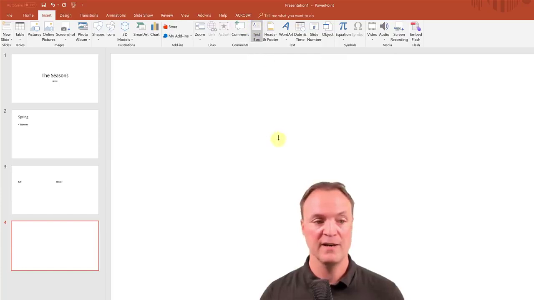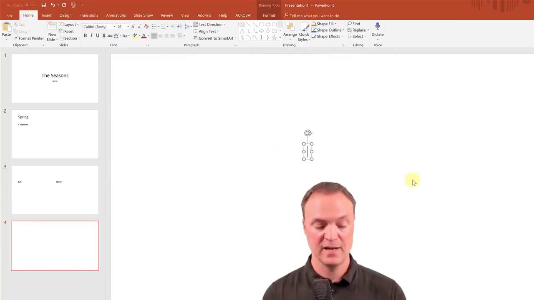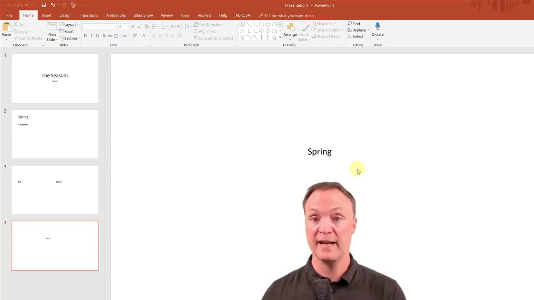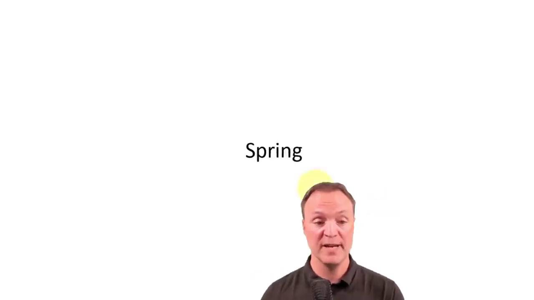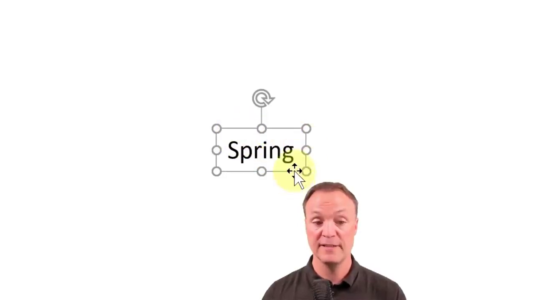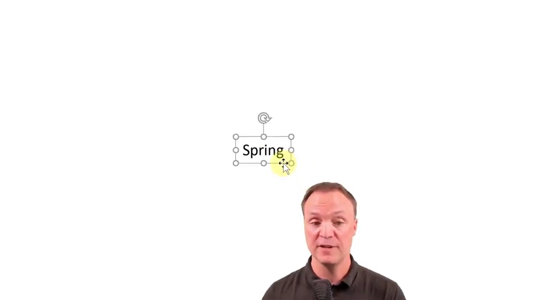I could click here and maybe this time I'll just write Spring again on this one, and now I can click off, and I can move this around anywhere I want on the page. If I click on it once, the lines are dotted, but if I click on the edge, it goes to a filled-in line. At that point, I can do a few different things.